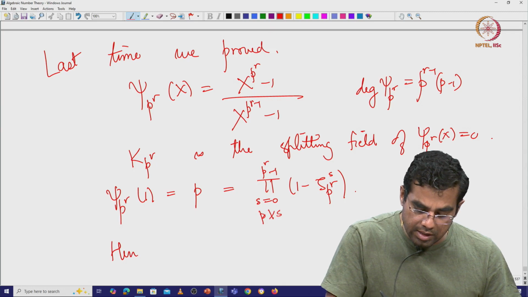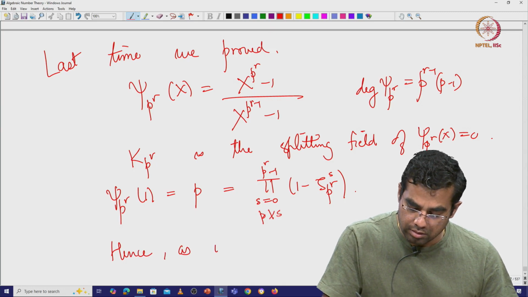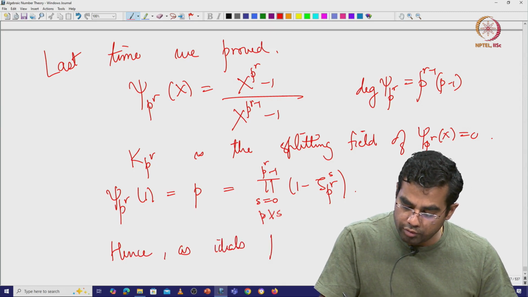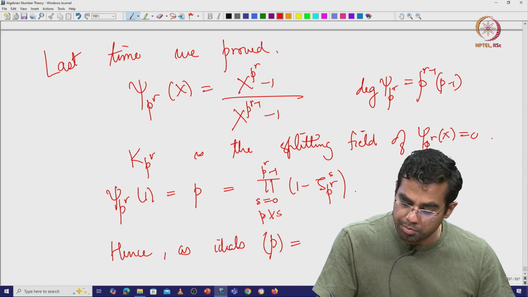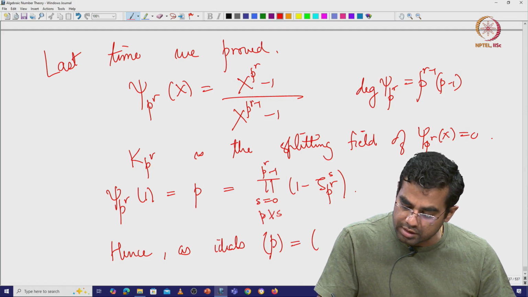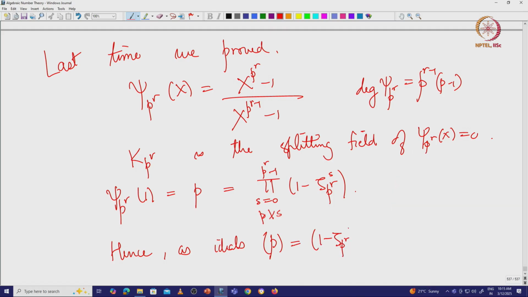Hence, as ideals, we proved that the ideal generated by p is the same as the ideal generated by (1 minus zeta p^r) to the power p^(r-1)(p-1).